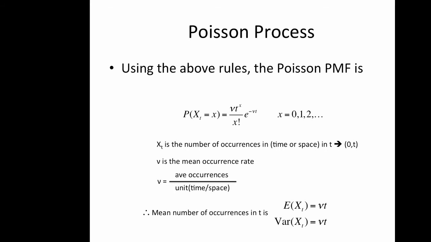And the PMF for the Poisson process, and note that it's PMF, probability mass function, again, it is a discrete distribution, is given by this equation here in the center of the slide.